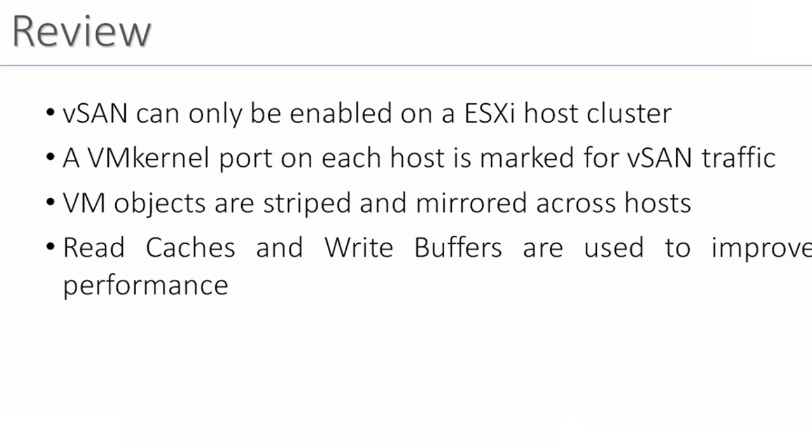VM objects are striped and mirrored across the hosts, so we can create our storage file and mirror it across as many hosts as we like. Read cache and write buffer are used to improve performance. So we introduce an SSD drive, which is used to increase our read and write performance.